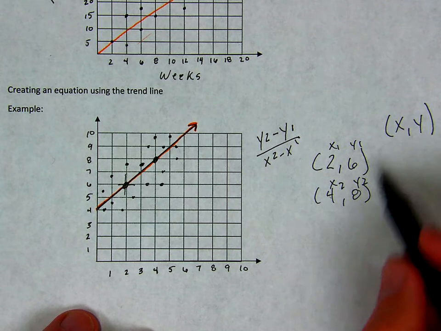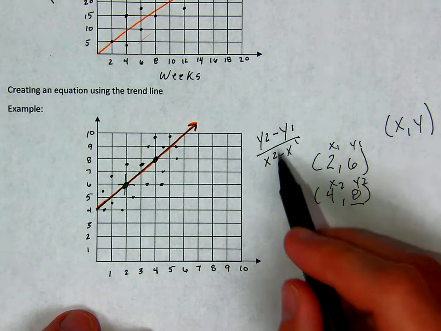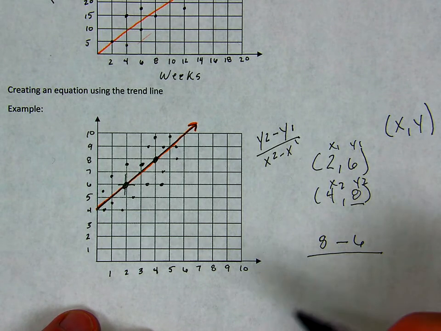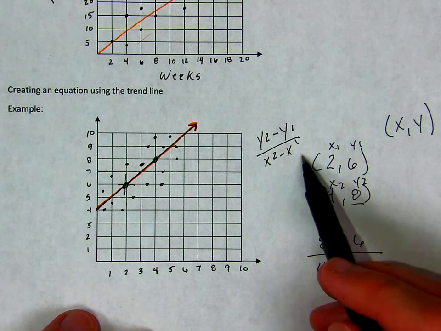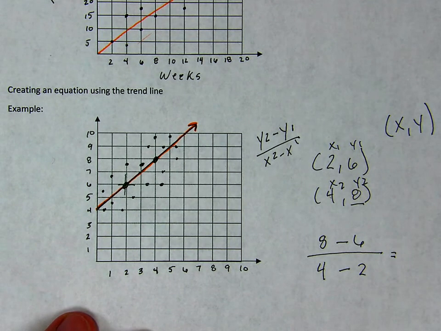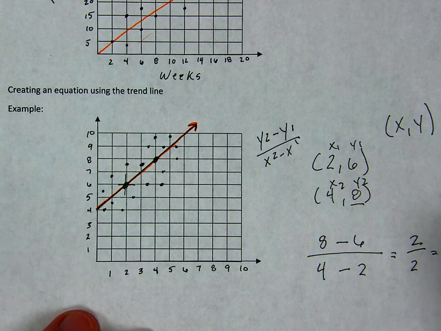So y2 would be 8 minus y1, which is 6, over x2, which is 4, minus x1, which is 2. And all we're going to do is simplify that. 8 minus 6, 4 minus 2, 2 over 2. Anything divided by itself gives me 1.